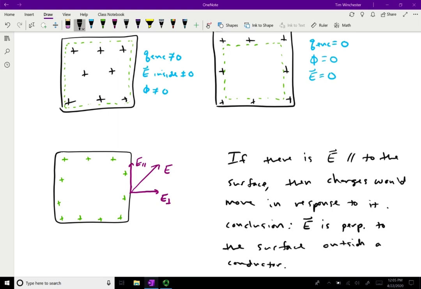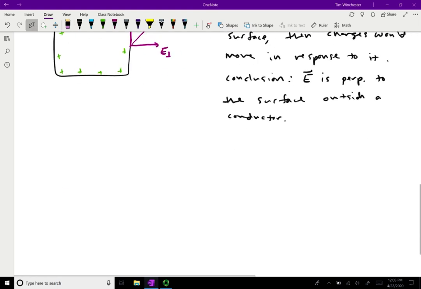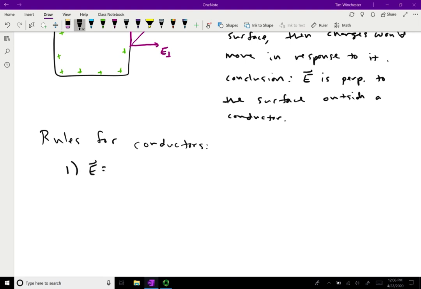Okay, so now we have three rules for conductors. The first rule is that the electric field equals zero inside a conductor. The second rule is that the electric field is perpendicular outside the conductor.